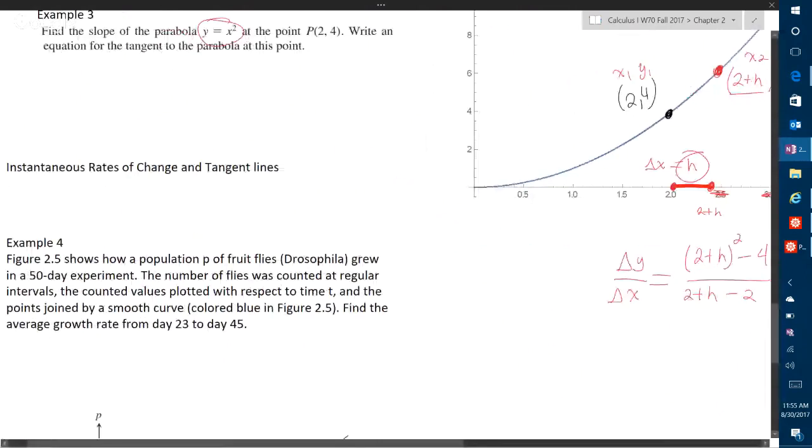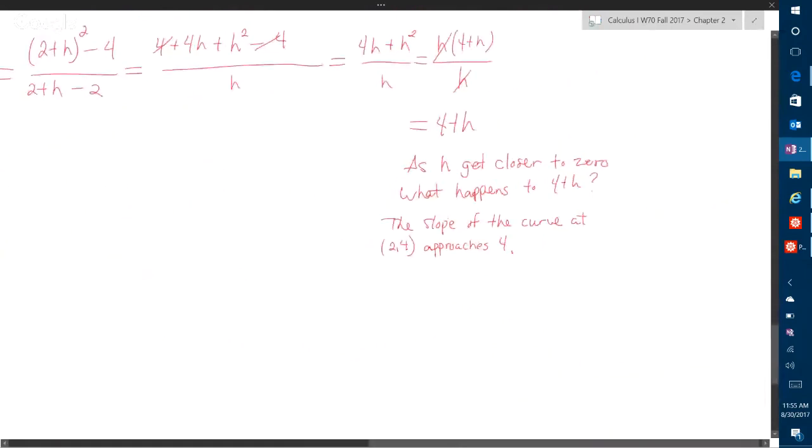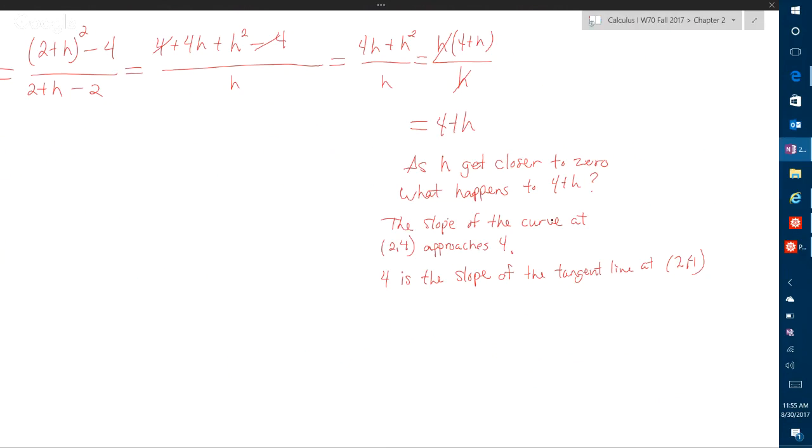That means you'd have to know the slope of the tangent line, so this actually implies that 4 is the slope of the tangent line at the point 2, 4, of course. You need to see the connection here. The slope of the curve at 2, 4 is the same as the slope of the tangent line at 2, 4. They coincide.